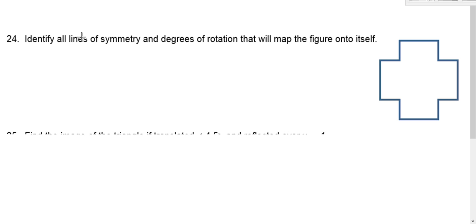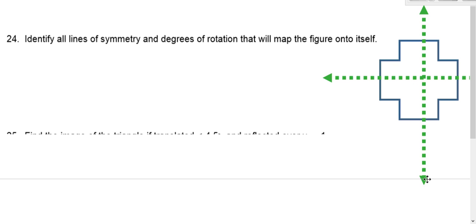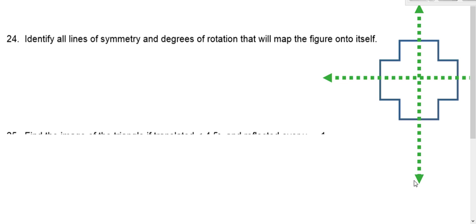Identify all lines of symmetry and degrees of rotation that will map the figure onto itself. So for lines of symmetry, we could go vertical or horizontal. Looks like it would also work if we went like that.